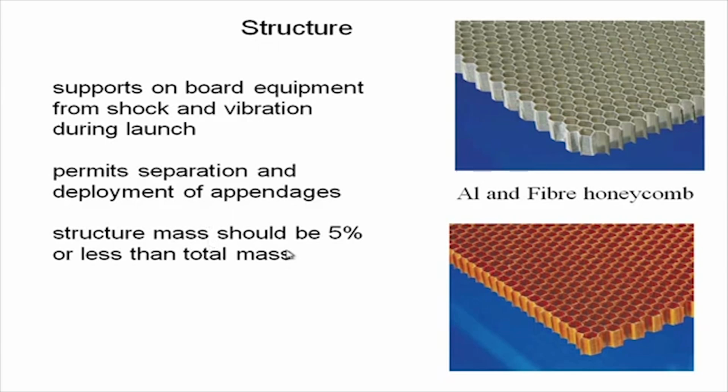One thing, the structure should not be heavy. The structure itself, which is holding all the electronics and other systems, should not be heavy, and generally as a thumb rule it is taken as 5% or less of the total mass of the satellite. Therefore, it is not a plain sheet of metal.